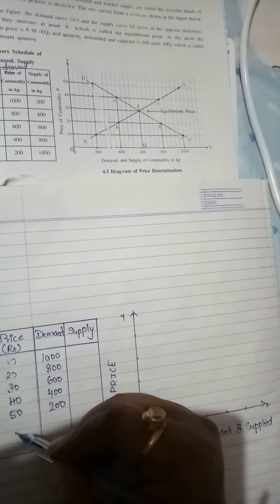Supply, with the rise in price, supply will be rising, so it will be 200, 400, 600, 800 and 1000. Now here itself we can see that at rupees 30 the demand and supply are the same, and that is what we are going to plot here.